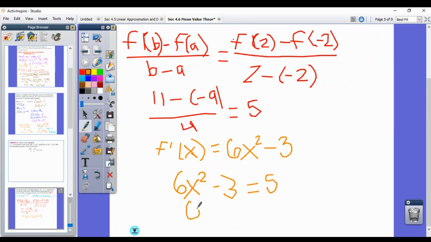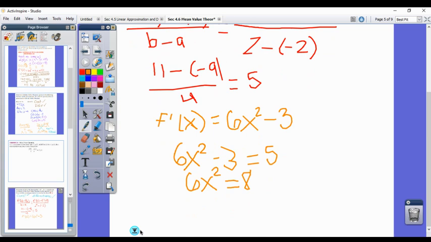So we're going to get 6x squared is 8. So we're going to then divide by 6 to get x squared is 4/3. And then we're going to take the square root.